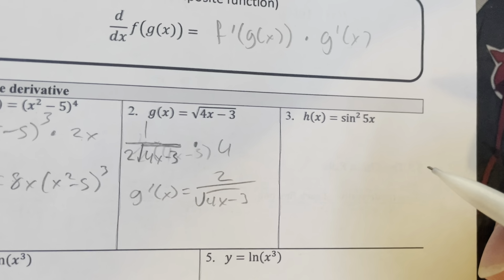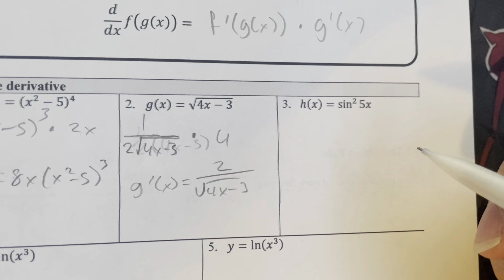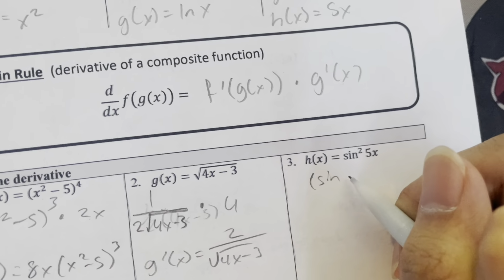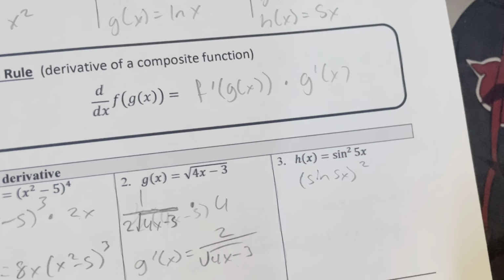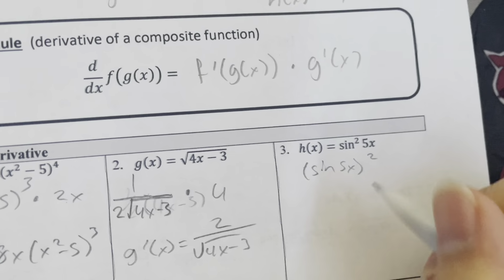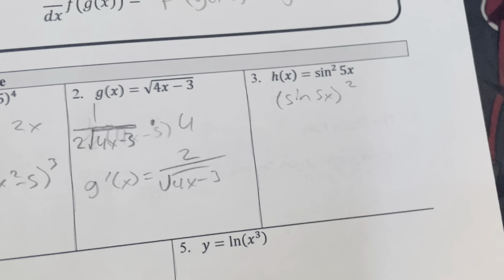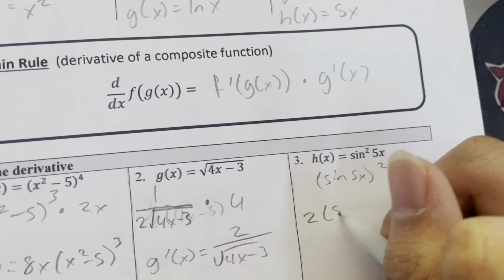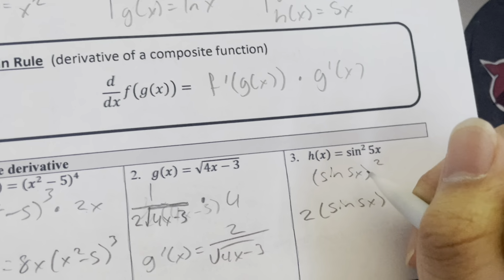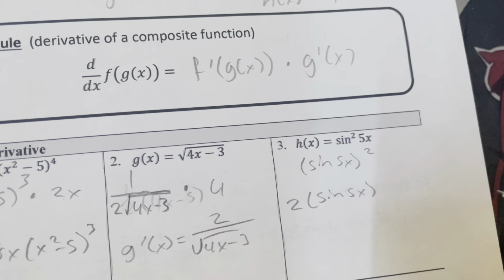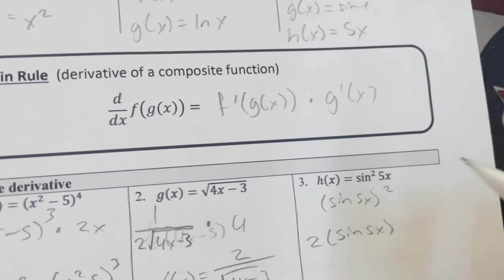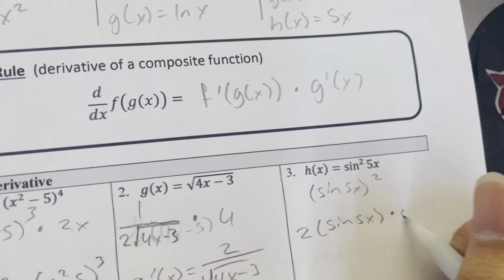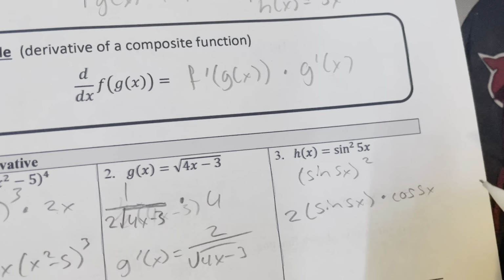Over here, we could rewrite this as sine of 5x squared. Apply the power rule. So 2 multiplied by sine of 5x, multiplied by the derivative of sine of 5x, so multiply by cosine of 5x.